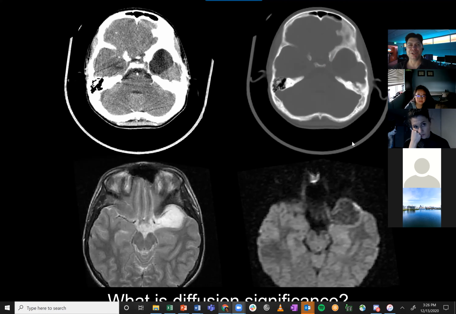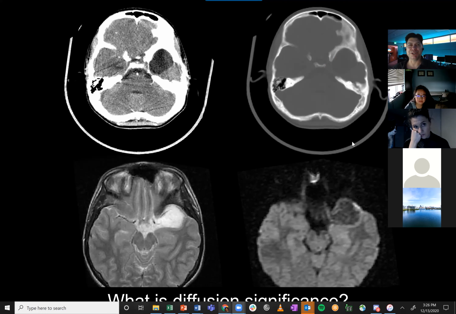That's right. On the T1, it looks hypointense, located within the parotid gland, and it's T2 bright. So it's fluid containing, and it's not suppressing with fat suppression. So it could be a parotid cyst. It could be necrosis within a parotid lymph node.